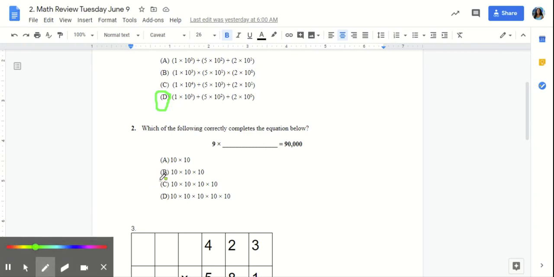That's right. The answer is C. And we can look at our product to figure that out. If there are 4 zeros in 90,000, that means that I'm going to have to multiply 9 by 10 to the 4th power.